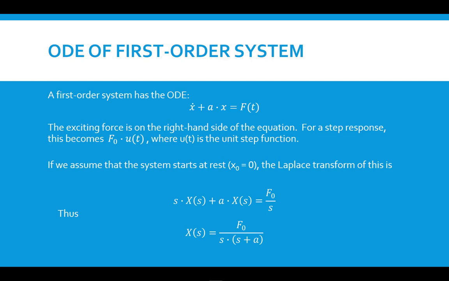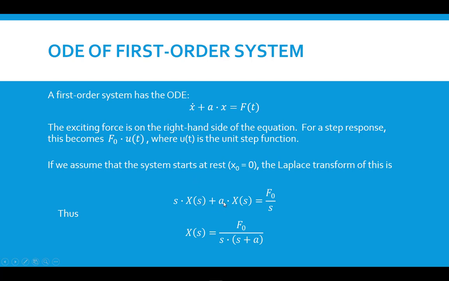If we take the Laplace transform of this equation, taking the Laplace transform of each individual piece, we get this expression shown here. You need to look at a Laplace transform table to see what the Laplace transform of a derivative is.